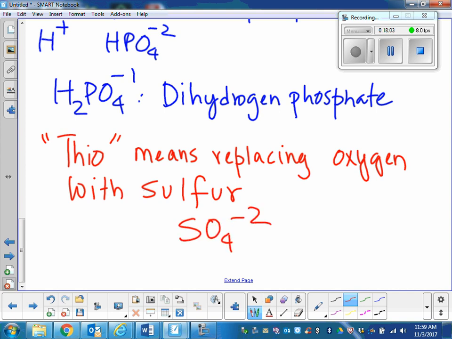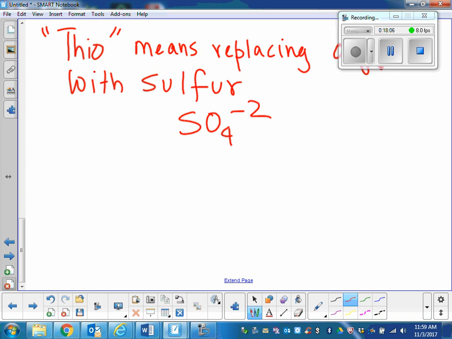This is sulfate. So what is thio? Thio means you are replacing an oxygen with a sulfur. Replace the oxygen with a sulfur. What will the formula be? S2O3 -2. Correct?